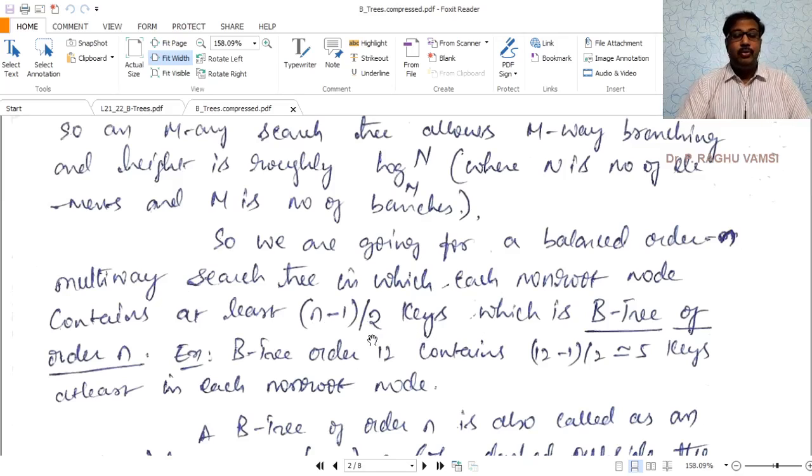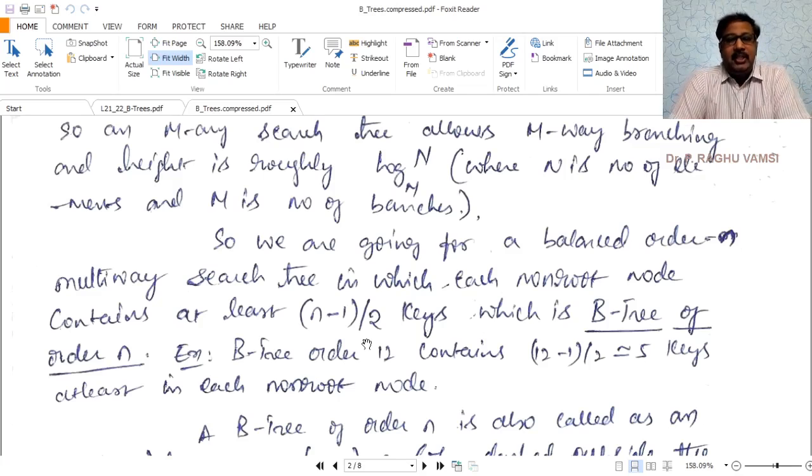Each non-root node means all the internal nodes will have at least (n minus 1) by 2 keys, which is a B tree of order n. So whenever you find a tree with internal nodes having at least (n minus 1) by 2 keys, then we can say the tree is a B tree of order n.